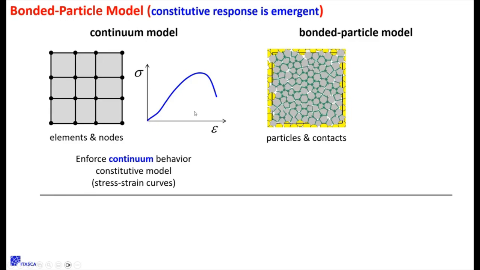But this curve, a macroscopic thing measured in a macroscopic test, goes up and then starts softening and starts to fail. We basically build that stress strain response into each element, so each element individually satisfies this. That's what I mean by we enforce continuum behavior.